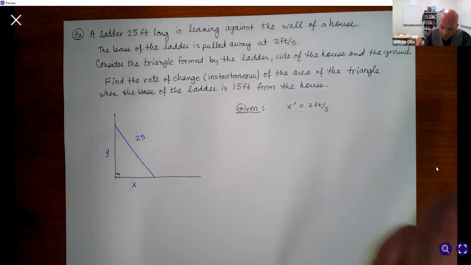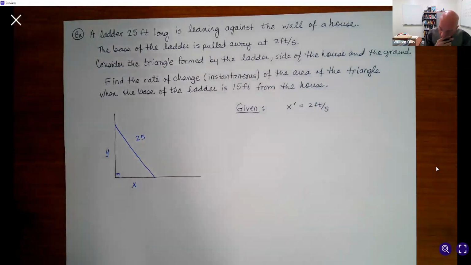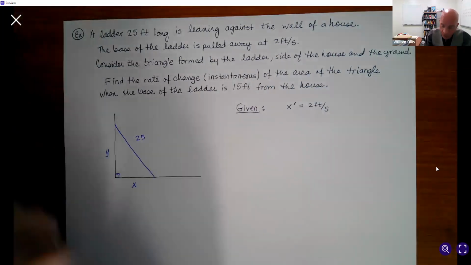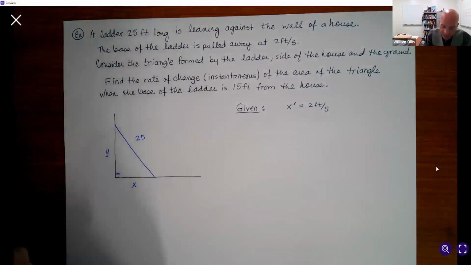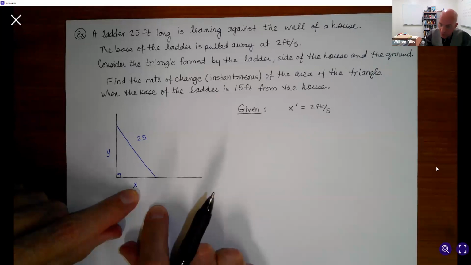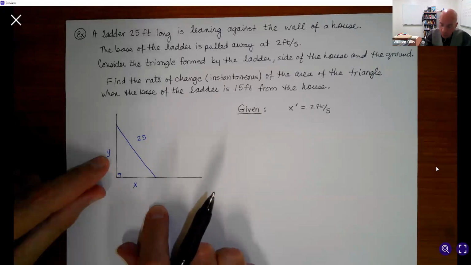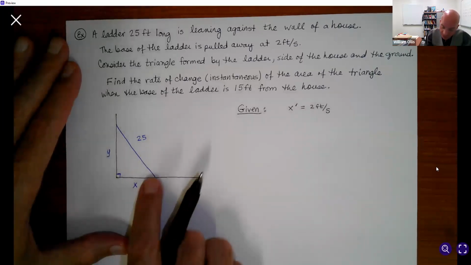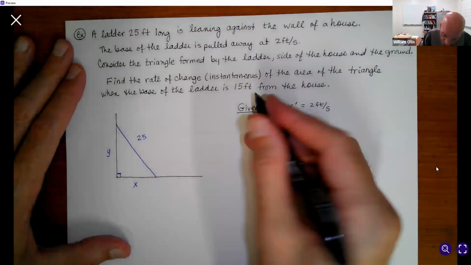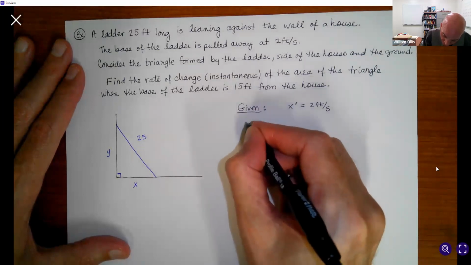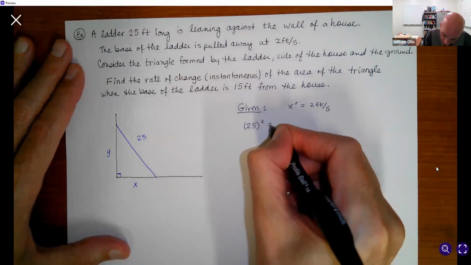And then we think, okay, what we want to do is figure out something about the area, which will be easy to compute with the way we've labeled things. But that's going to require that not only do we understand the rate of change of x, but we're also going to need the rate of change of y, or y prime. So let's look and see what we have. Notice we have the Pythagorean theorem here. So first, we're going to say that 25 squared equals x squared.